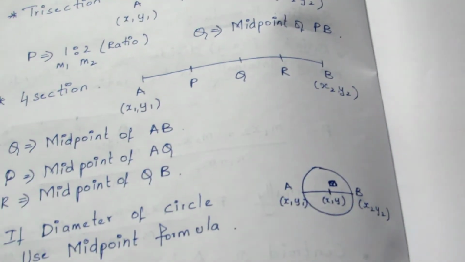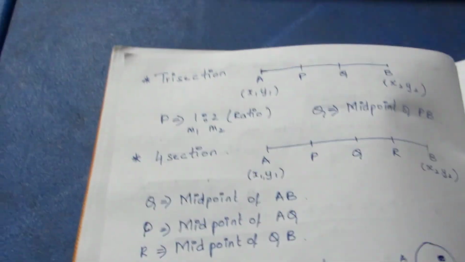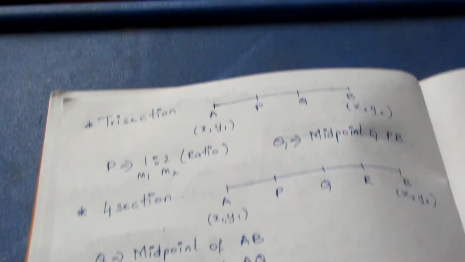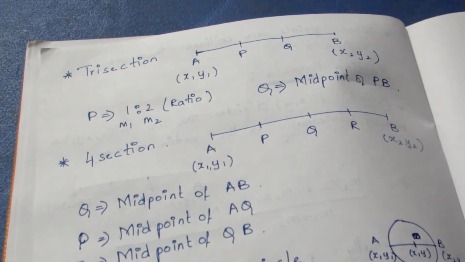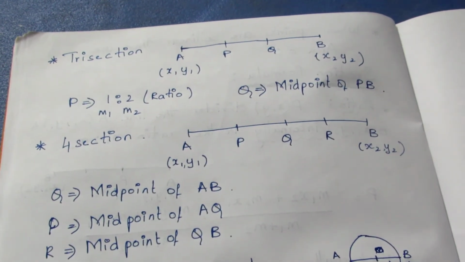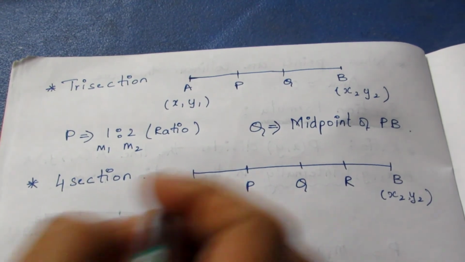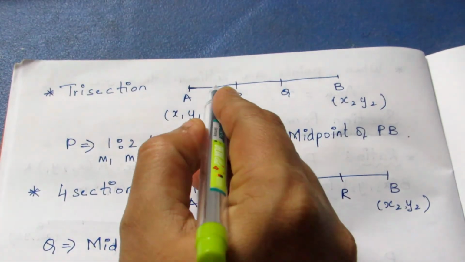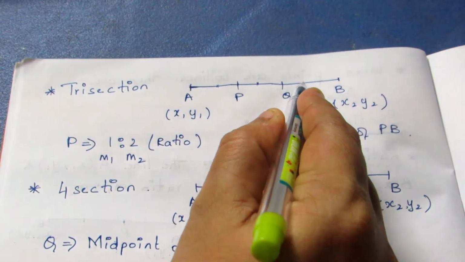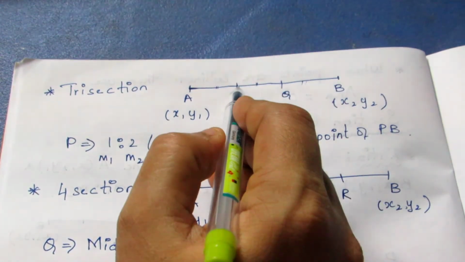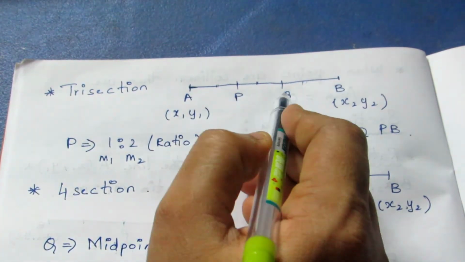We'll go with the next set, that is trisection. Trisection means a line is equally divided thrice, that is, a line is equally divided by two points.